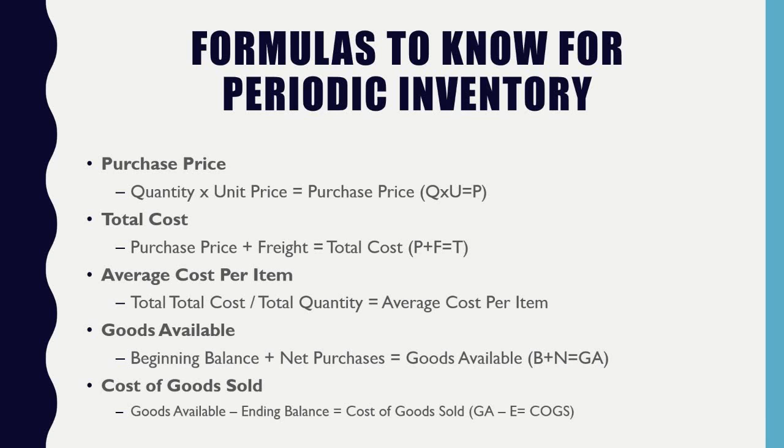In this case, when we talk about weighted average, we don't care which batch came first. We don't care which batch came last. All we care about is this average cost per item, because prices fluctuate in the market.